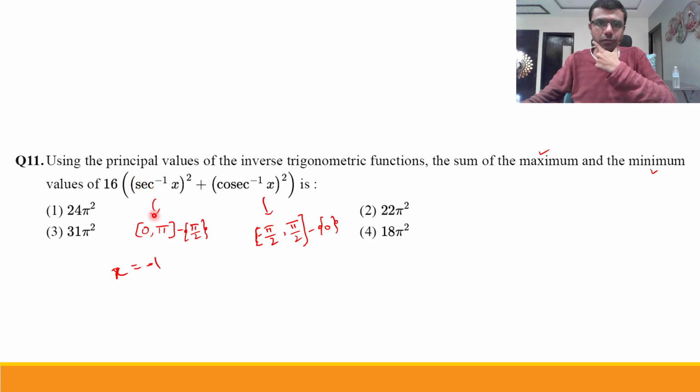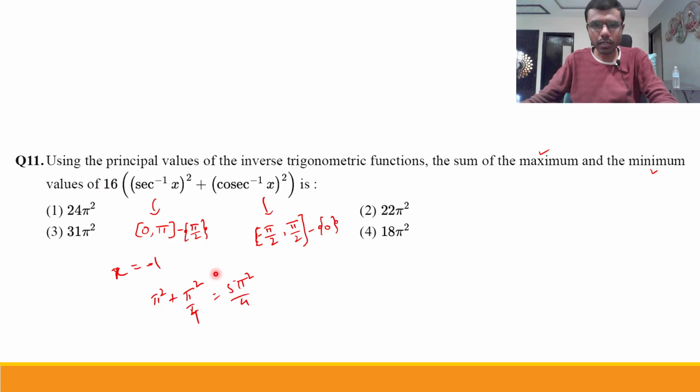Secant inverse minus 1 would be pi, and cosecant inverse minus 1 would be minus pi by 2. So pi square plus minus pi by 2 whole square, so this would be pi square by 2. I'm sorry, pi square by 4. So 5 pi square by 4.